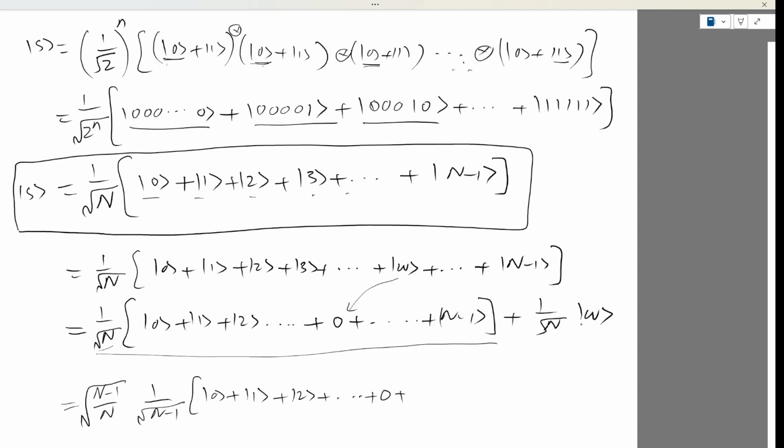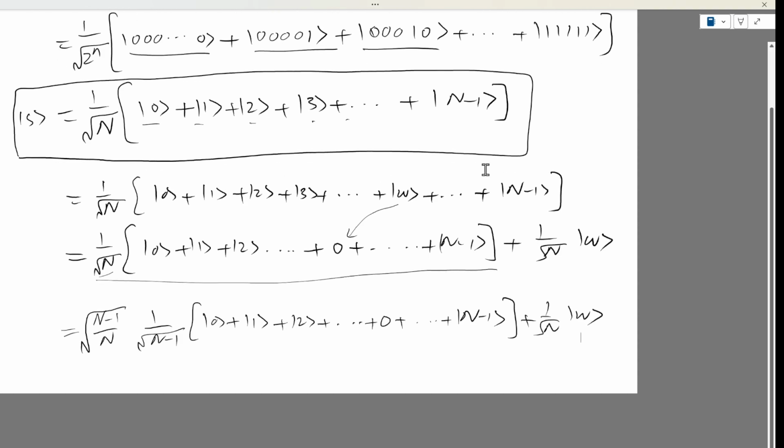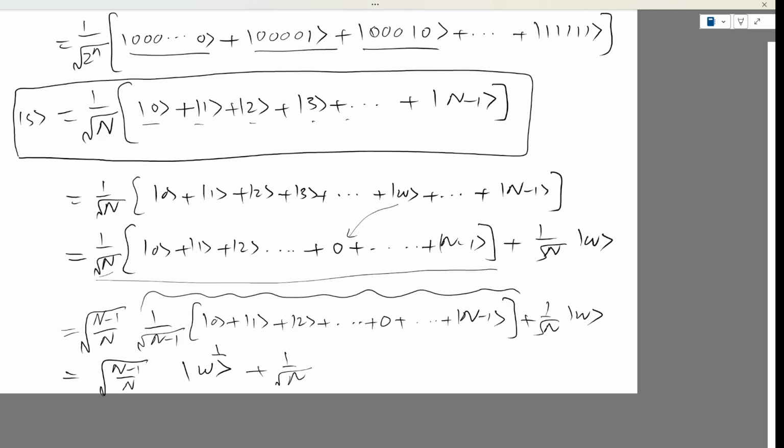This is a state that doesn't have this W state, and let us simply call this state W perpendicular, because it is indeed perpendicular to state W, because there's no W state in here. If you take the inner product of this state with W, you will get 0, because this W is orthogonal to each of the other states, because it is taken out from this sum.